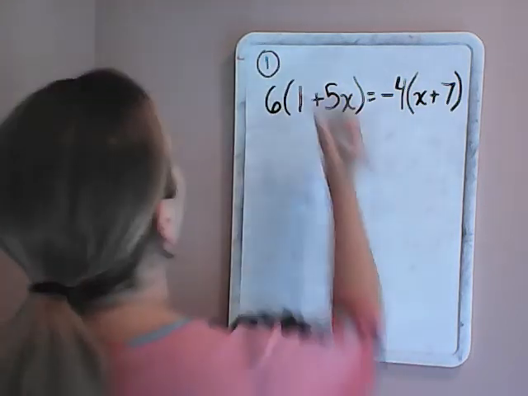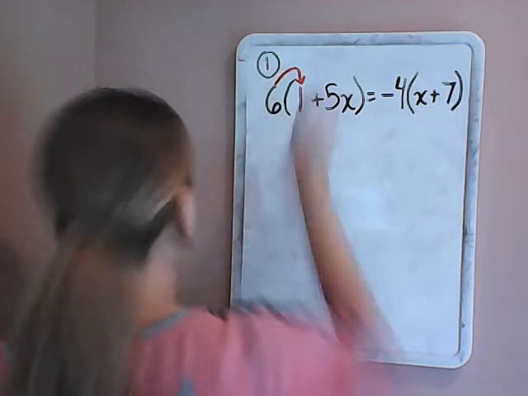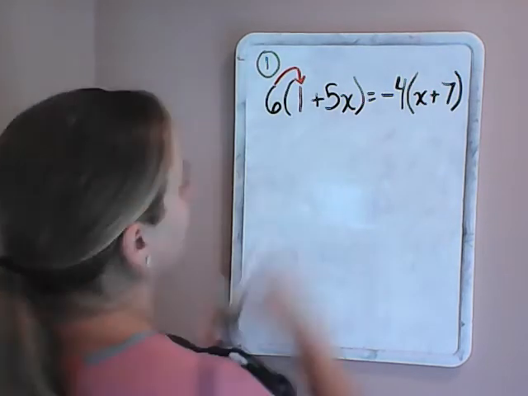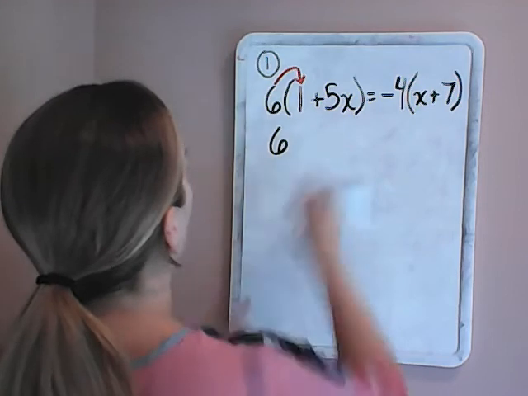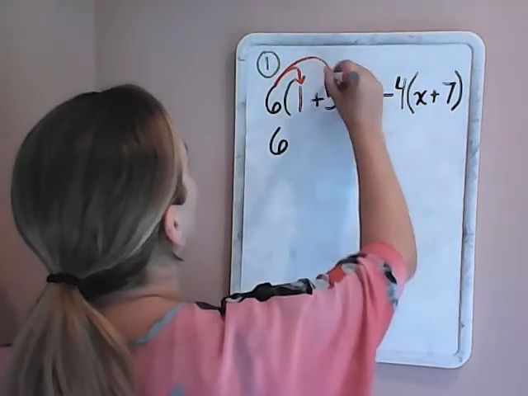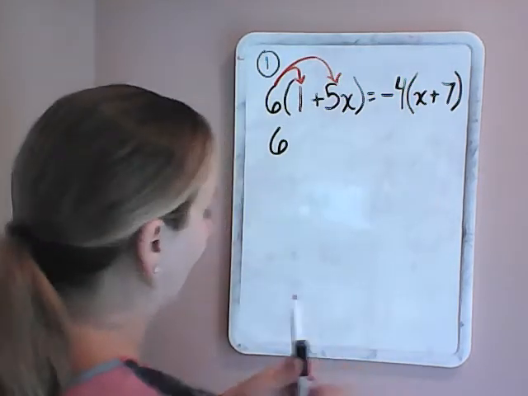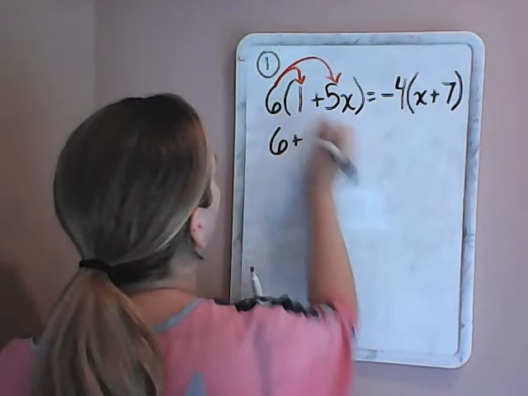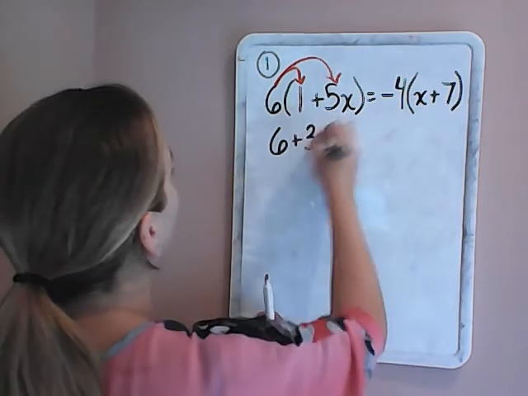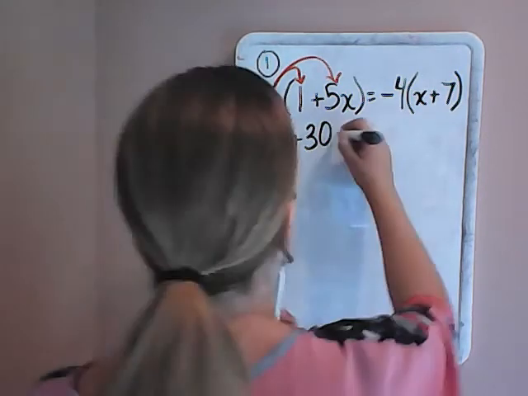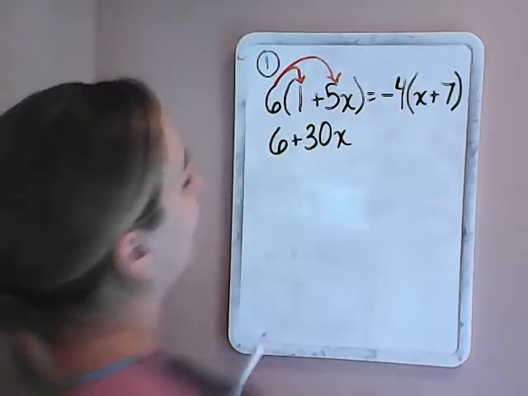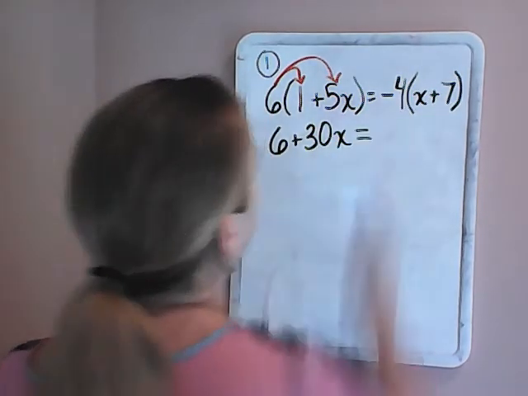So we do 6 times 1, which of course is going to just give us 6. And then we do 6 times a positive 5x, which is a positive 30x. Okay, now we're done with that side. Equal sign comes down.